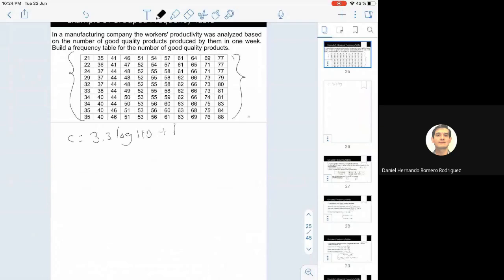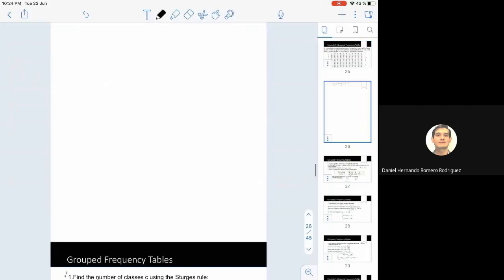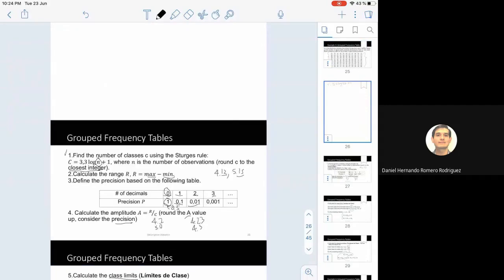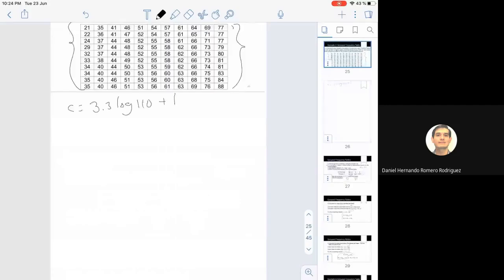That's the equation, right here. If you compute this value, you will get 7.73. And we round to the closest value, in this case 8. So that means that our table will have 8 classes, or 8 rows.